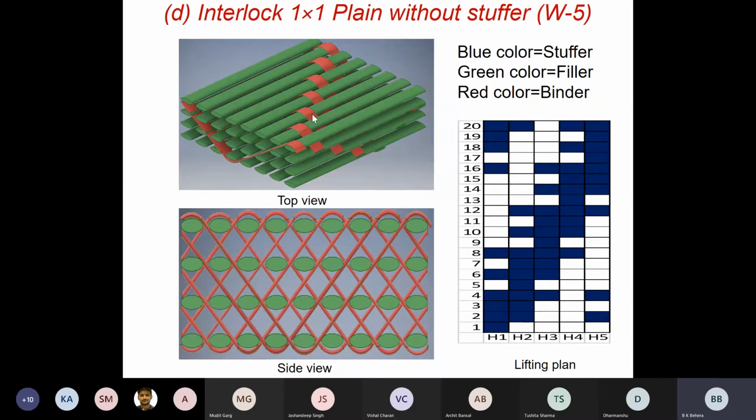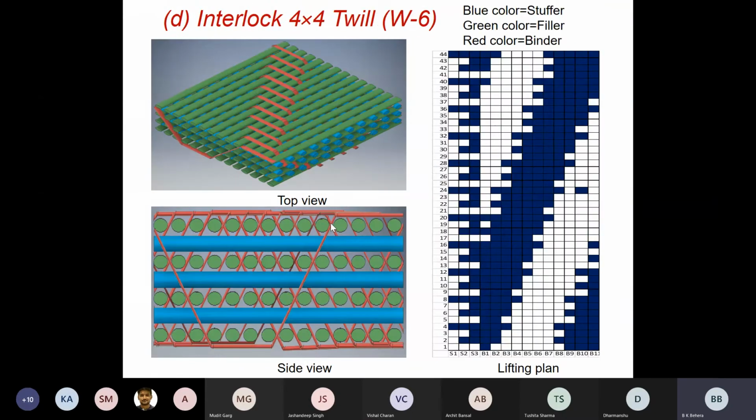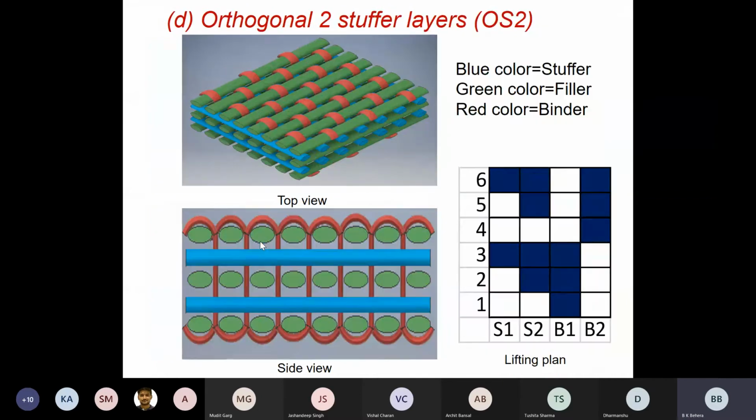The red one is the binder, and this is weft, so there is no stuffer yarn here. Here is 4x4 twill interlock, an interlock fabric having 4x4 twill weave design, and this is 2 by 2 orthogonal with 2 stuffer layers.